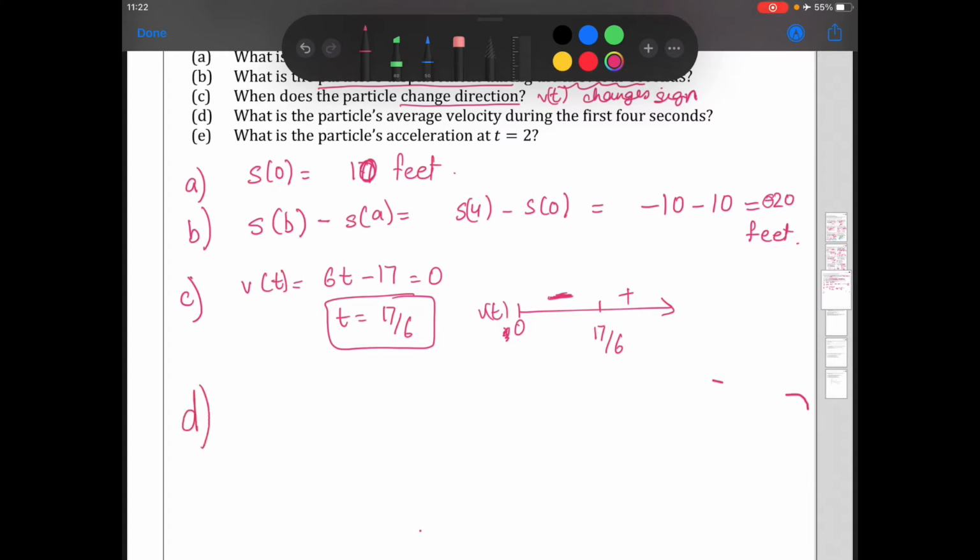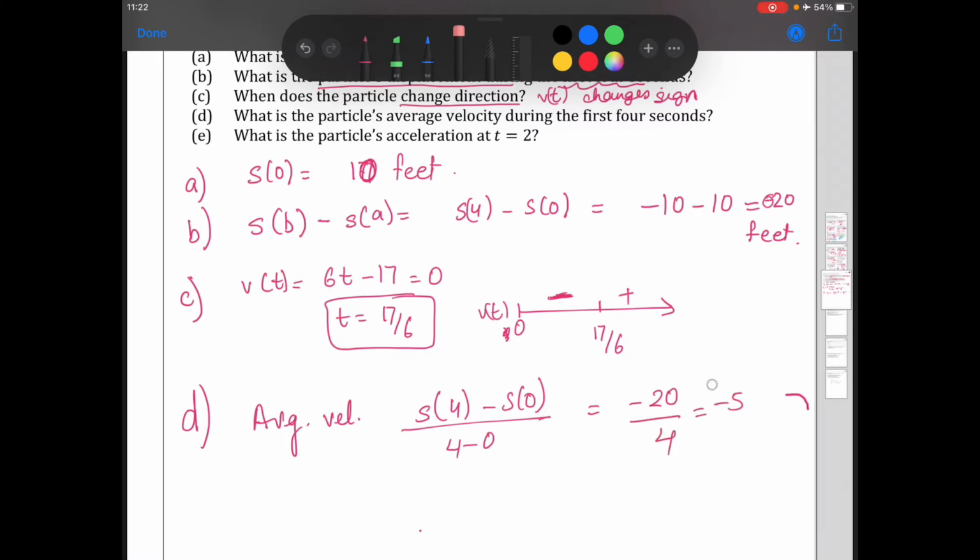Okay, D is asking me the particle's average velocity during the first 4 seconds. So if I want to find average velocity of my particle, it's going to be S of 4 minus S of 0 over 4 minus 0. We already did S of 4 minus S of 0, which is negative 20 in part B, over 4, which is negative 5 feet per second.